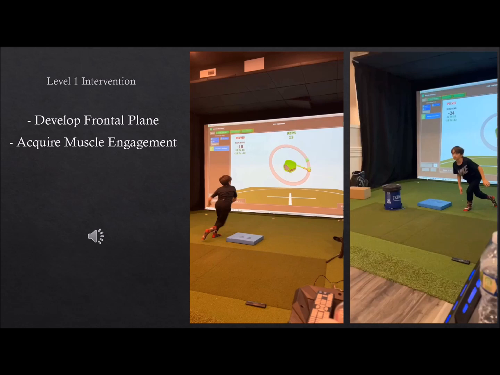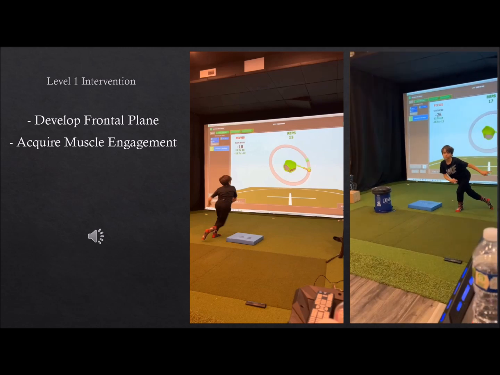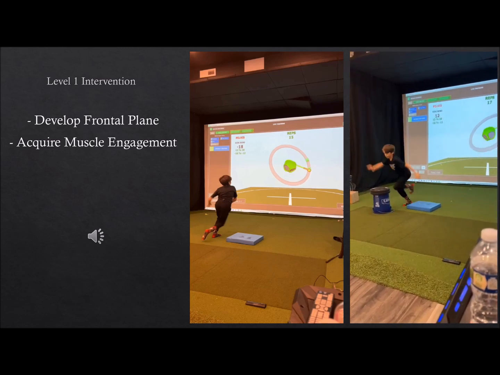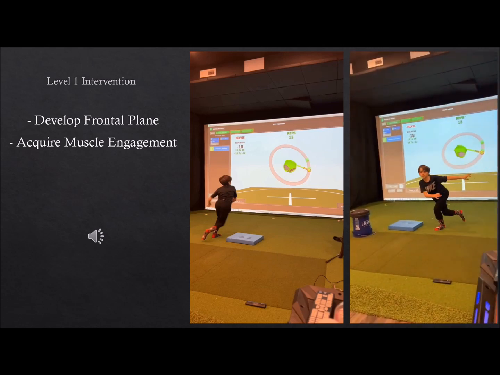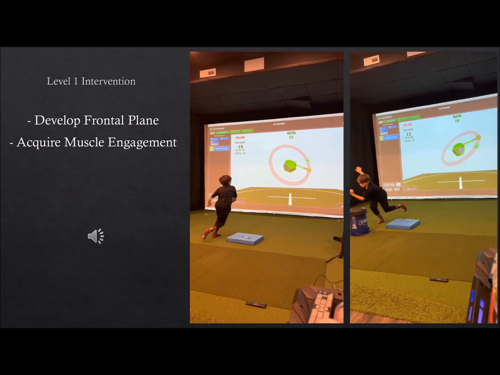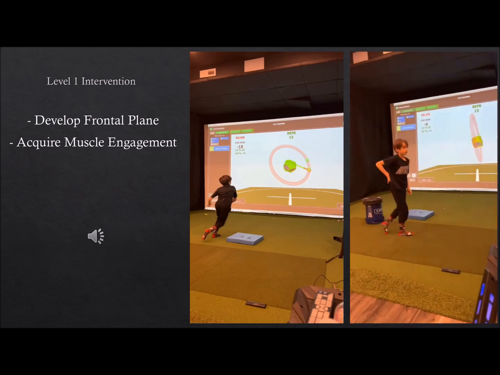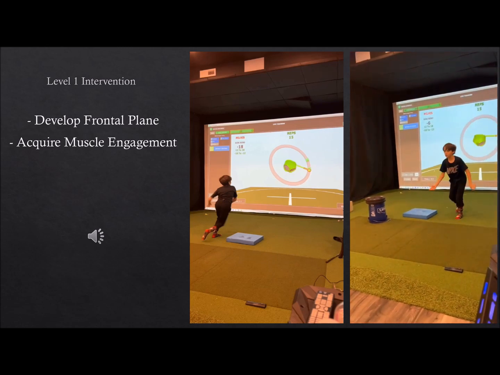In a more advanced level 1 integration activity for Michael, what we see here is we start to integrate these lateral explosions where he's loading the frontal plane on one side, exploding into the other leg, and immediately using that energy and redirecting to jump up onto the bucket.